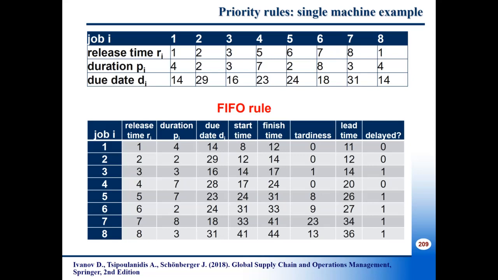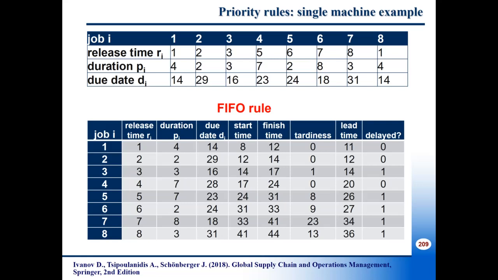For instance, job number 1 is the first to be released, so the release time is number 1. It takes 4 minutes to be processed by the machine, and the due date will be at minute number 14, right?